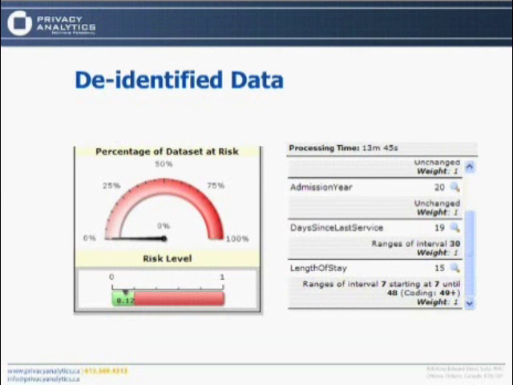And then length of stay was generalized into individual days up to the first 7 days, and then weeks up to 7 weeks, and then a top code or a group of 7 weeks and above. That's just an example. It's not necessarily the best way to de-identify this data, but it's one way that you can eliminate the risk so that the average risk is below the threshold that was determined.